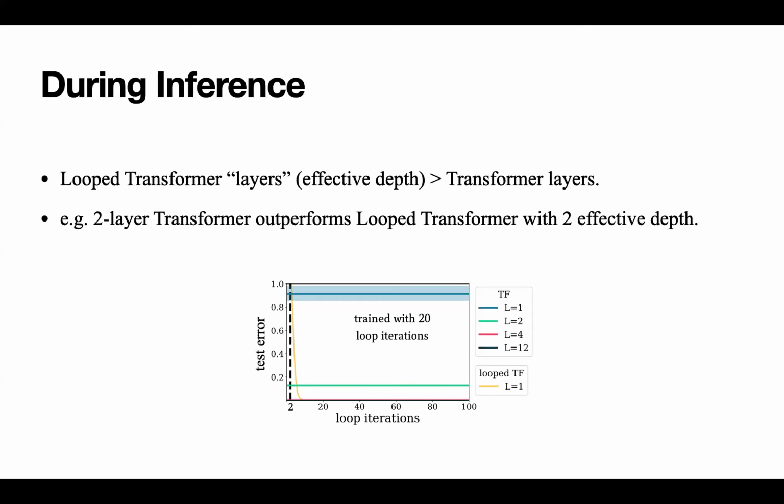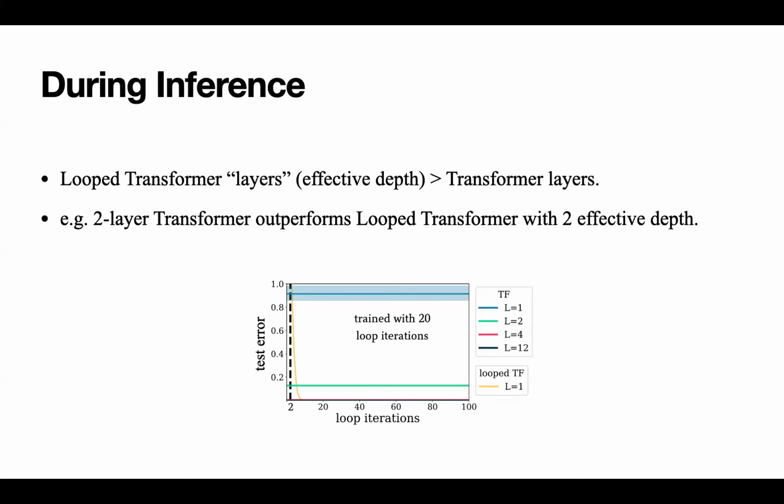But if we look at the loop transformer, the yellow curve, when you loop 2 times, it is up here, almost like random. So during inference, if you compare the effective depth of the loop transformer and the standard transformer, the loop transformer is not so effective in this case. Meaning that you need more loop iterations in order to match even a 2-layer vanilla transformer when you train it on the linear regression task.